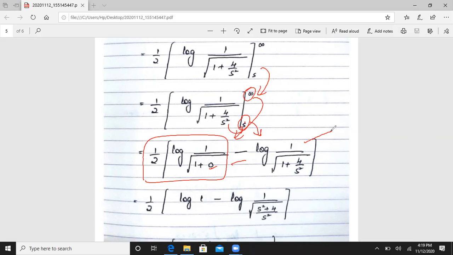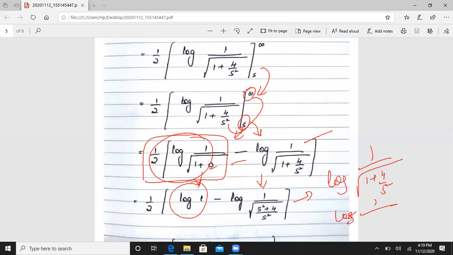Okay, so this function we will get: log of 1 divided by root 1, which becomes only 1, so log of 1 is the answer for this function, and minus this function as it is. Now we will separate this function, log of 1 divided by under root of 1 plus 4 by s square. So this function we will write again as log of s square plus 4 divided by s square.